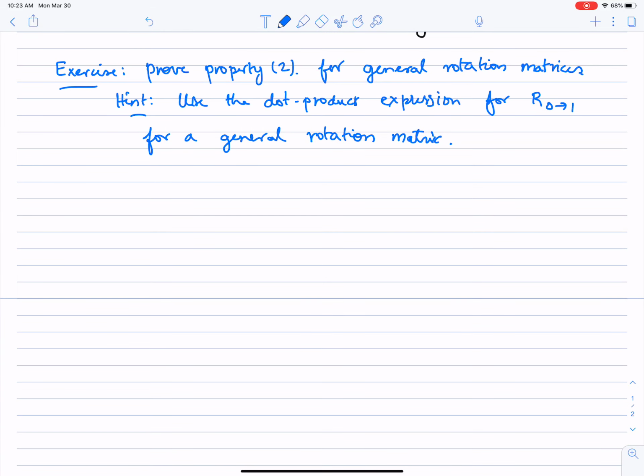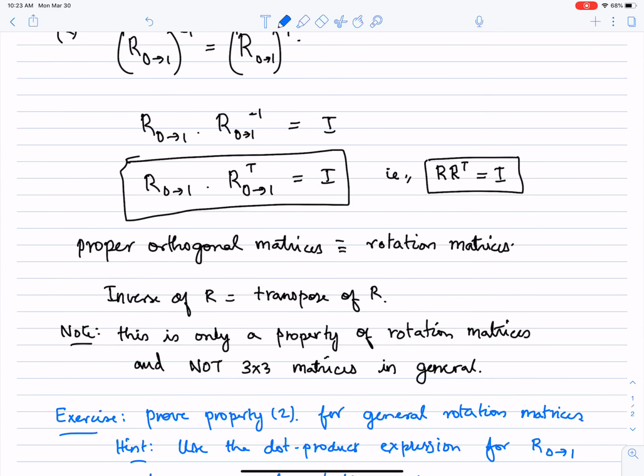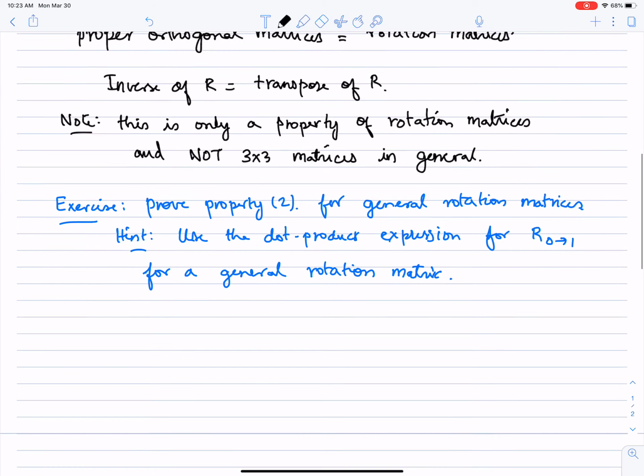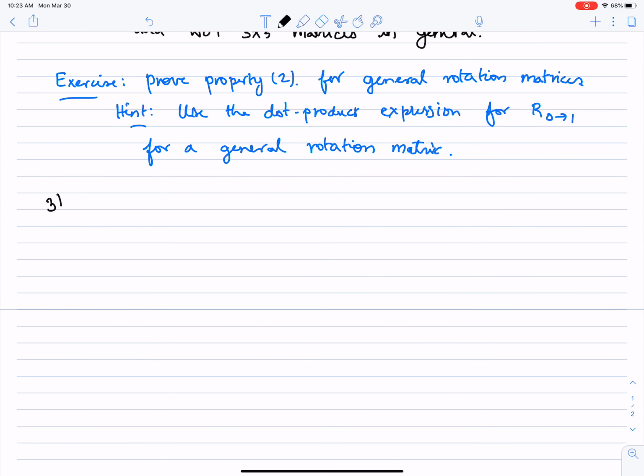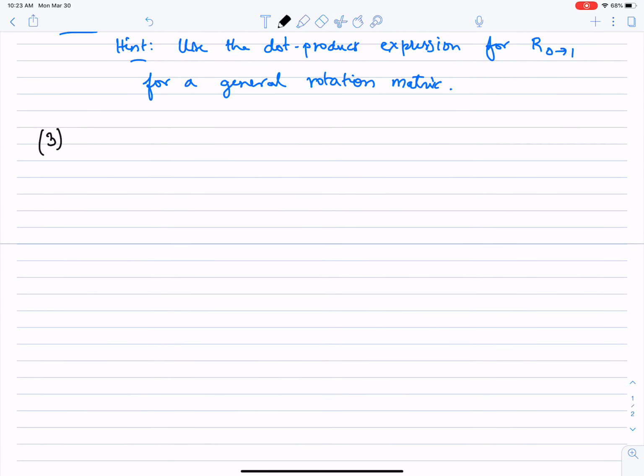Another property, 3: rotations are not commutative. Specifically 3D rotations.